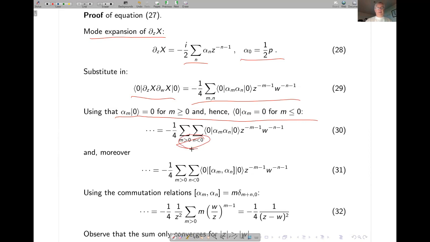The m sum is only over positive numbers and the n sum only over negative numbers. But if I have this form, then again using that half of the operators are annihilation operators, I can replace the product by the commutator. Now, the commutator of alpha m with alpha n is not an operator anymore, but just a number.